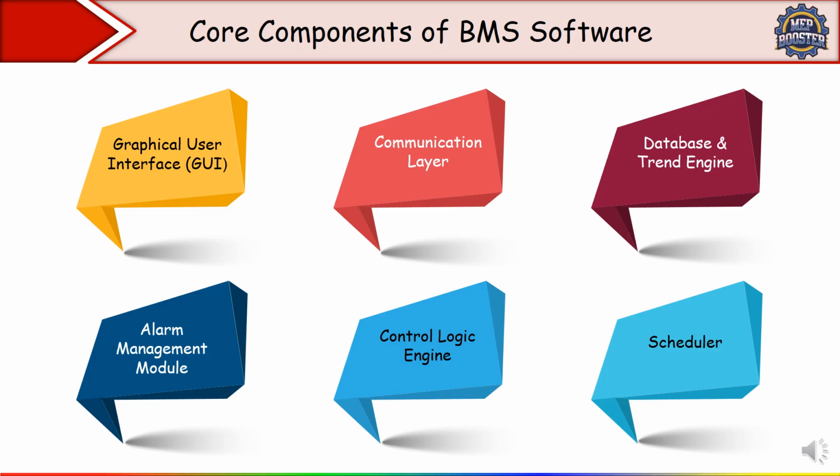For example, suppose your room temperature is greater than 25 degrees Celsius, it means you need to increase the chilled water valve. It supports advanced control methods like PID loops. Then finally we have a scheduler, predefined on-off timing for systems based on a daily or weekly program. It is useful for energy saving.